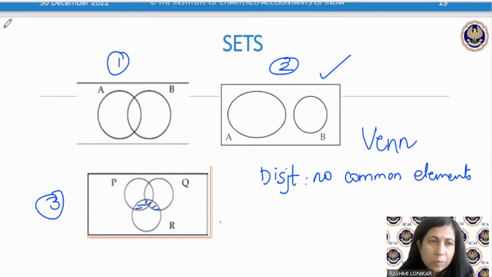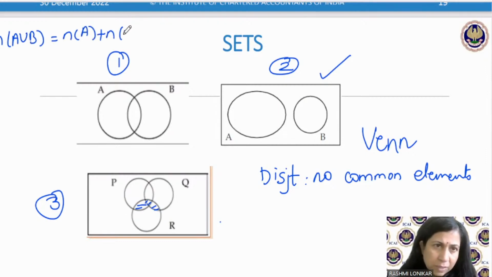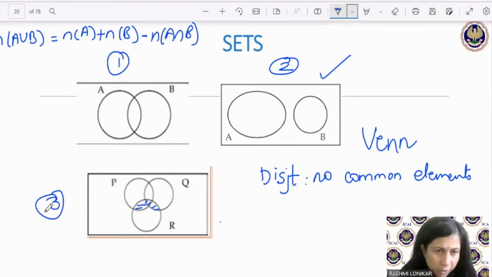Now here, what will be the formula? N of A union B is equal to N of A plus N of B minus N of A intersection B. What is the formula for here?